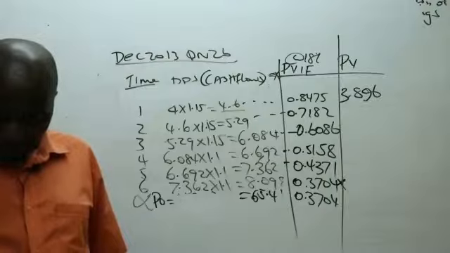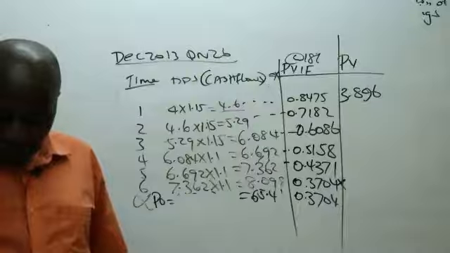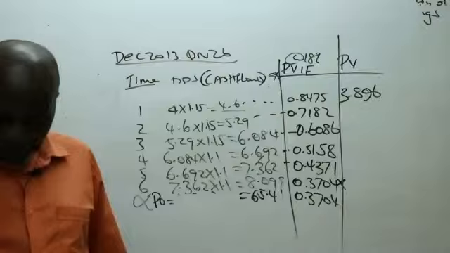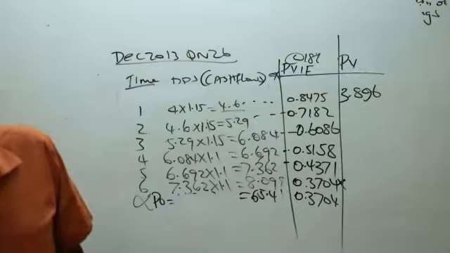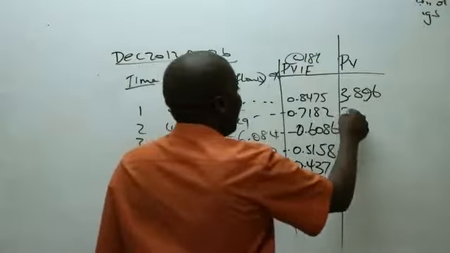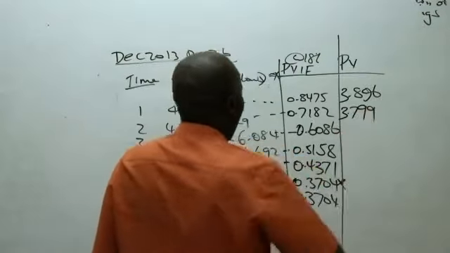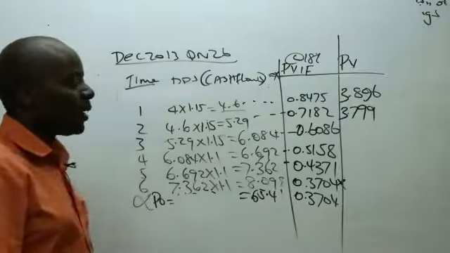So the second present value. I'm being given 3.799. Let's go to the third present value.